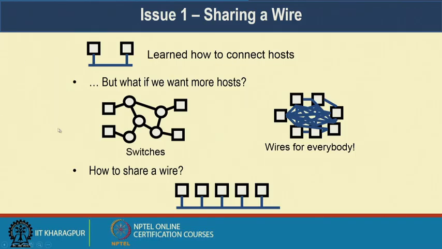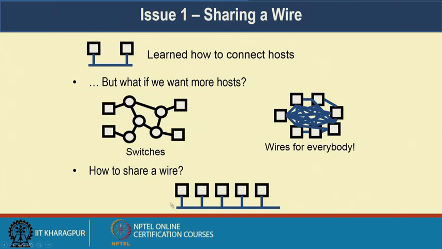I can have a wire which physically connects these hosts, with a swap of the transmit and receive lines, and they can be connected. But if I have more hosts, then everybody is connected to everybody. This is a switch network.